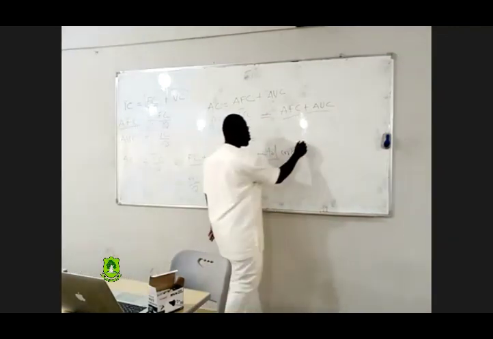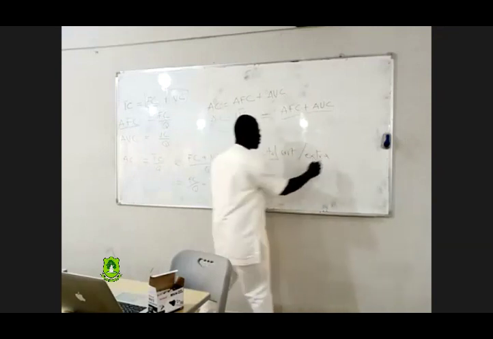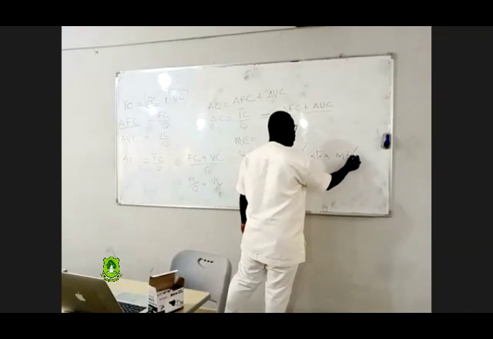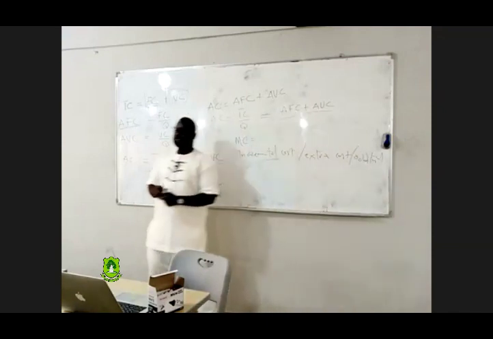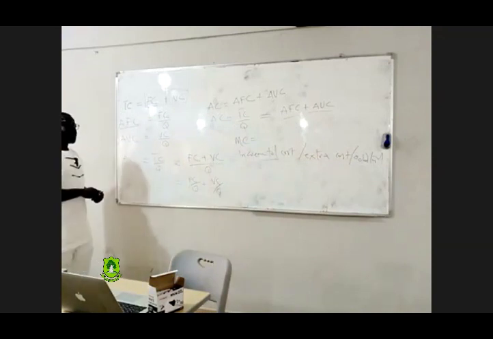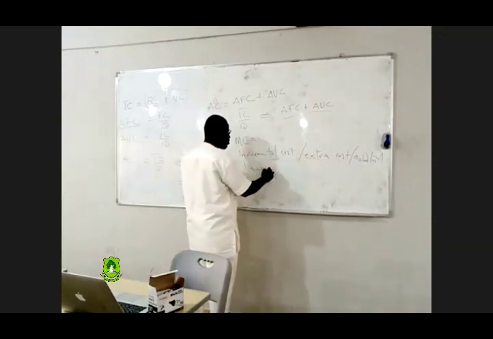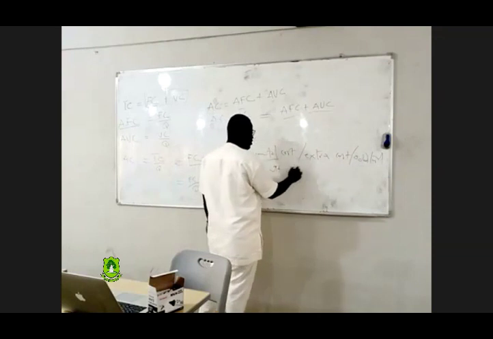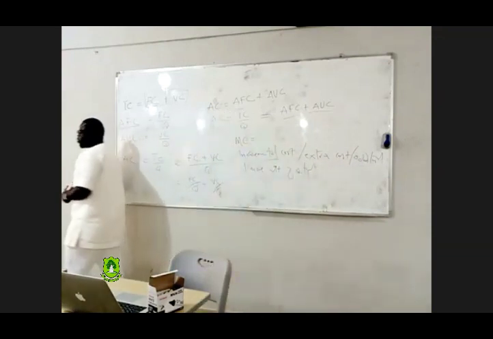So incremental cost or extra cost or additional cost. So marginal cost, we are looking at the additional cost you will incur to be able to produce one more unit of output.